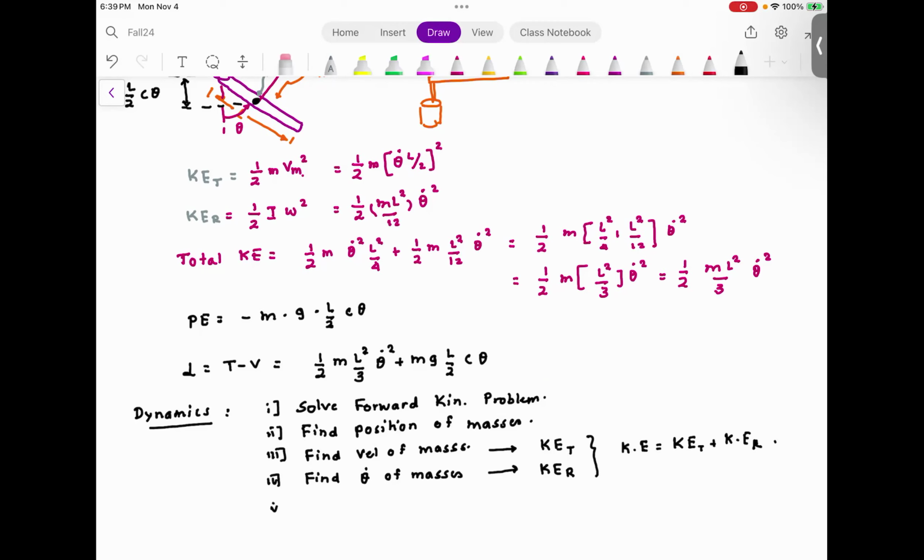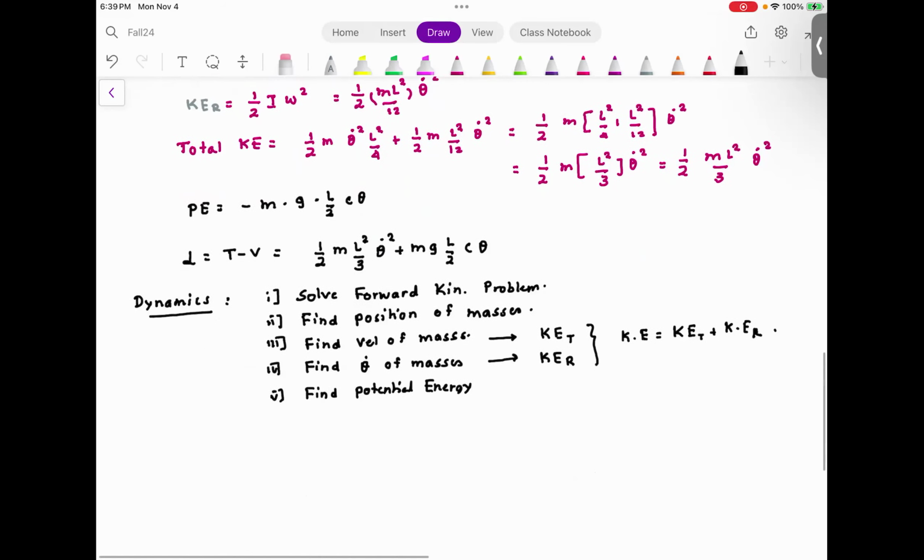Then find out the potential energy, which is V. And next step, find the Lagrangian, which is T minus V, and then you can use MATLAB.